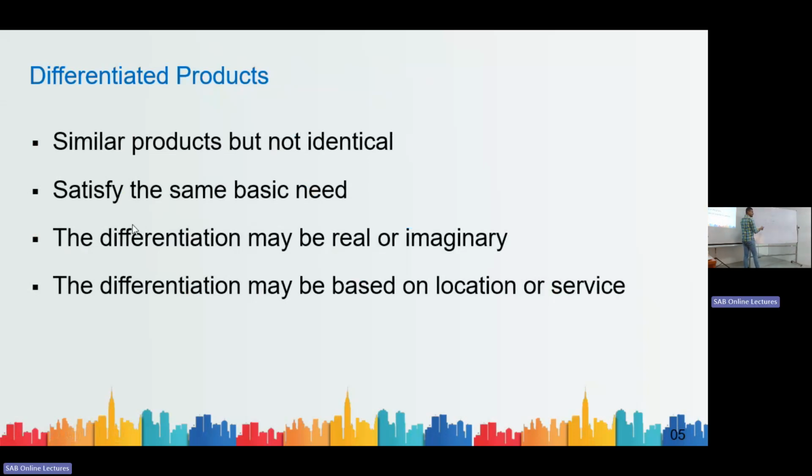So there is some real difference. But there may be other cases where there is no real difference, but it's imaginary. The customer thinks that the products are different, but it's not the case.